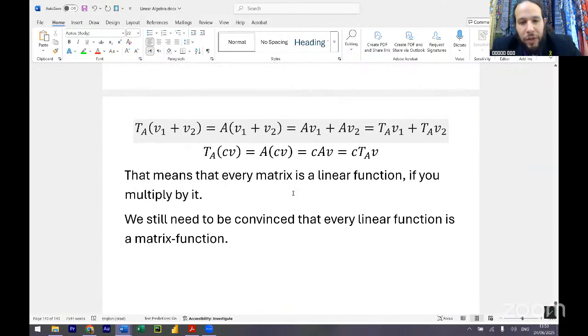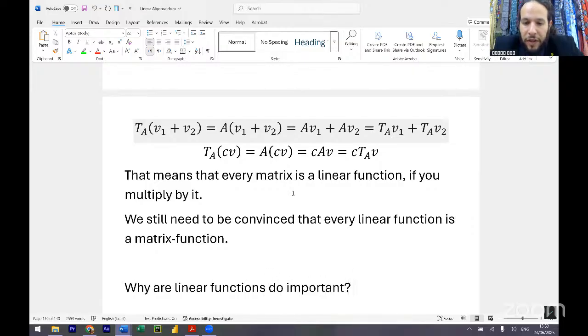Just something I will write. Why are linear functions so important? Basically, because everything is linear. That seems a bit harsh.